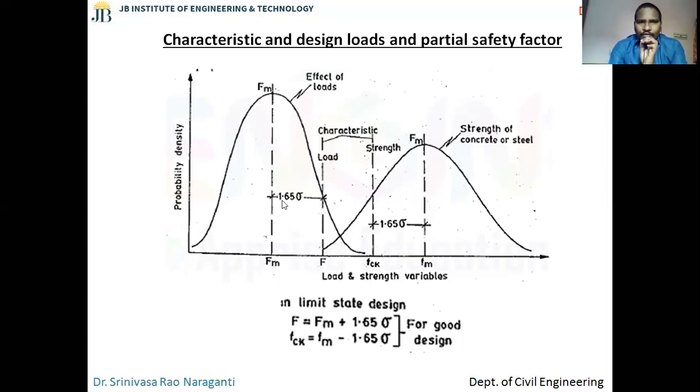We're taking 1.65 for the loads: you're adding 1.65 times the standard deviation. For the material, from the mean value, you're deducting 1.65 times the standard deviation. That means the characteristic load is given by mean value plus 1.65 times the standard deviation, whereas the characteristic strength of concrete is mean value minus 1.65 times the standard deviation.